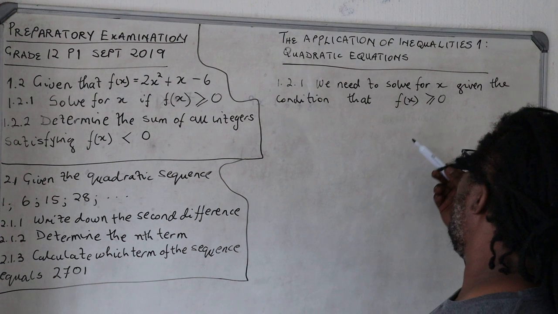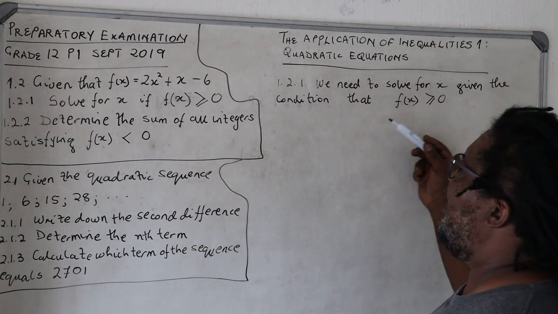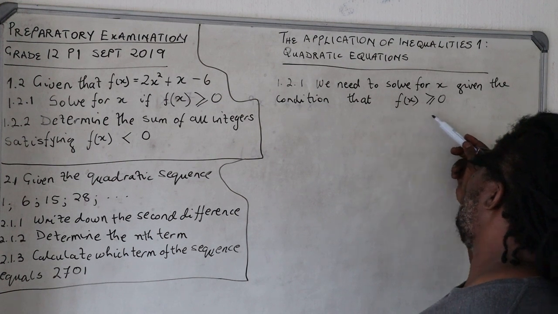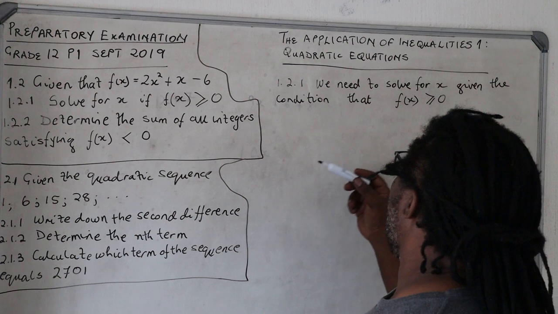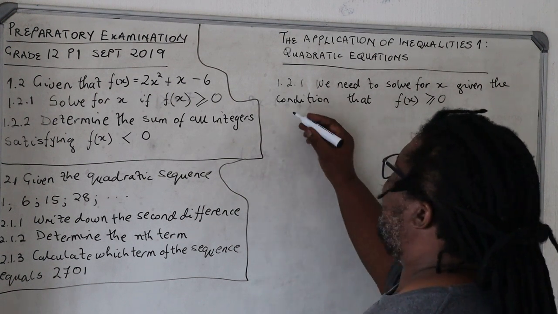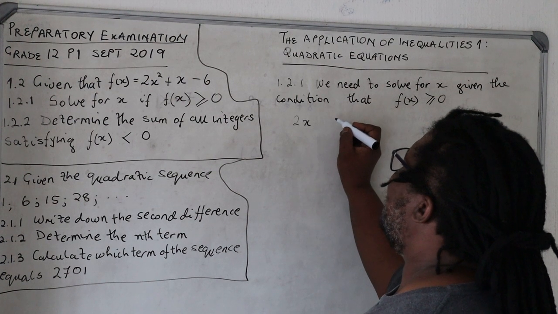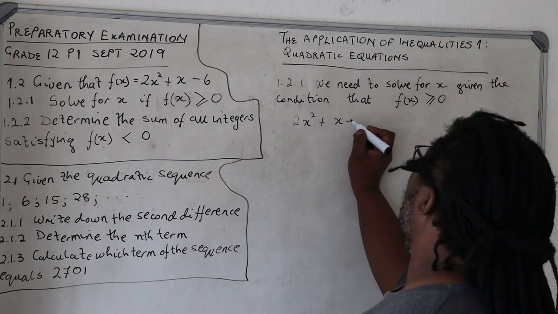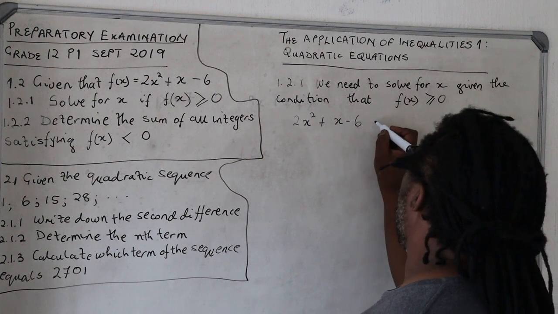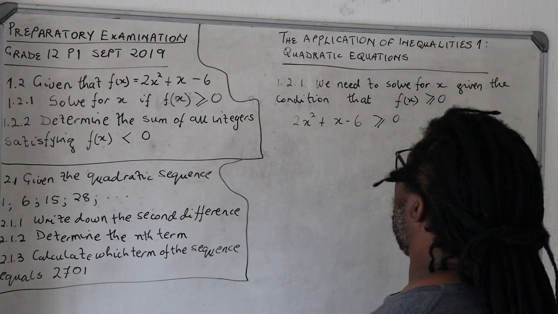So we are being told that f of x is greater than or equal to 0. In other words, the expression of f of x itself is also greater than or equal to 0. So we can say 2x squared plus x minus 6 is greater than or equal to 0.